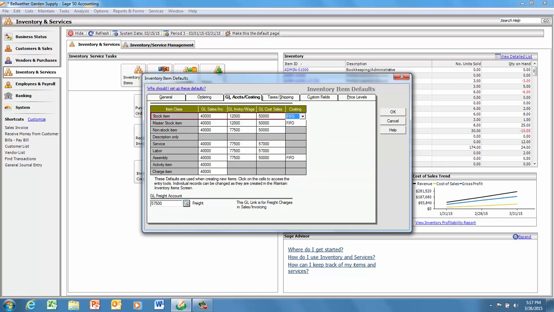Remember that whenever you have a perpetual inventory item, that means I'm constantly debiting inventory when inventory is coming in, and I'm crediting inventory when inventory is going out. And if I have a periodic inventory system, I'm going to debit purchases, which is an expense account, when inventory is coming in.